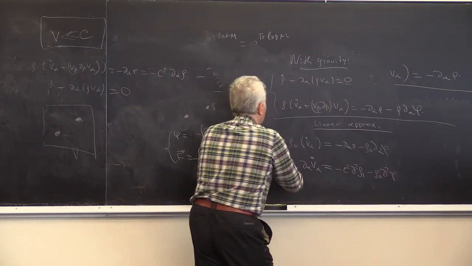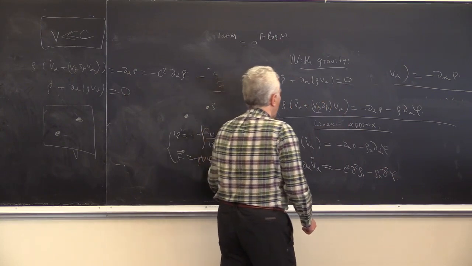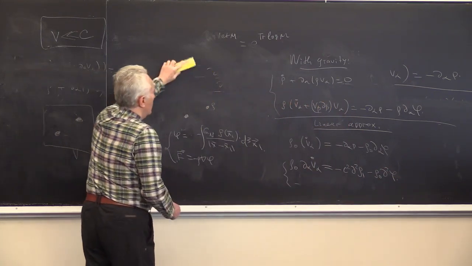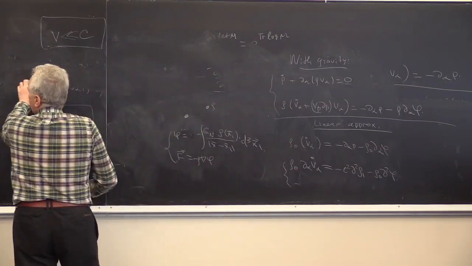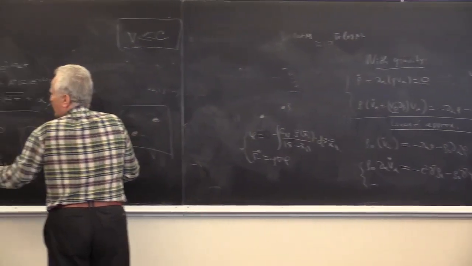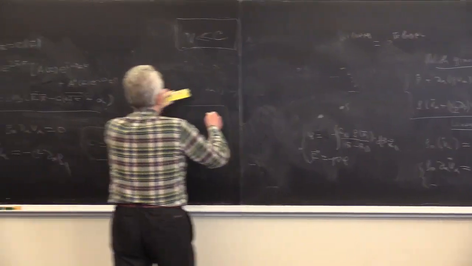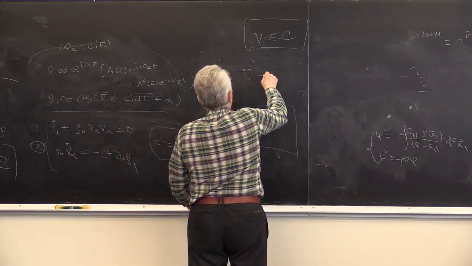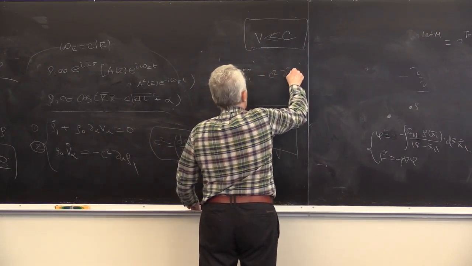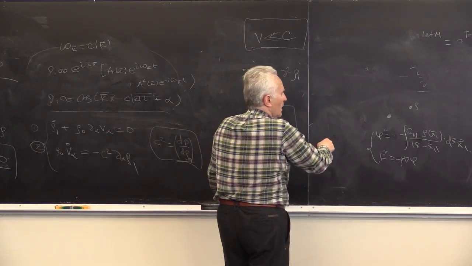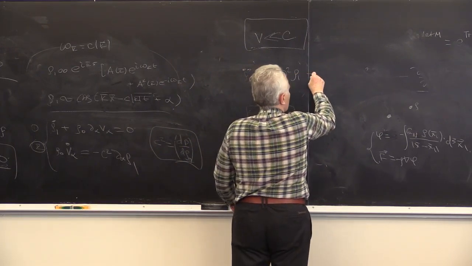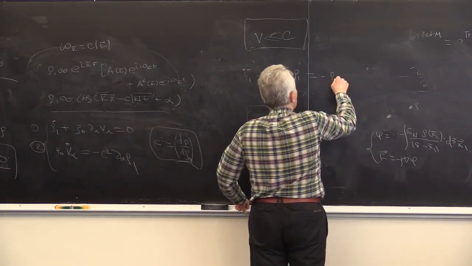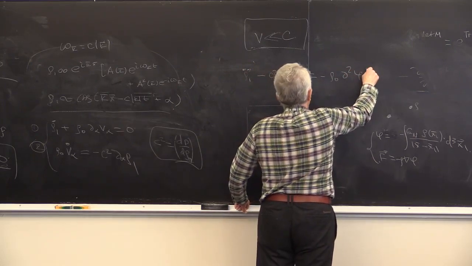And with the first equation, all in all we get a slight modification of the previous equation. We get rho 1 double dot minus c squared Laplacian rho 1 is equal to minus rho 0 Laplacian of phi.